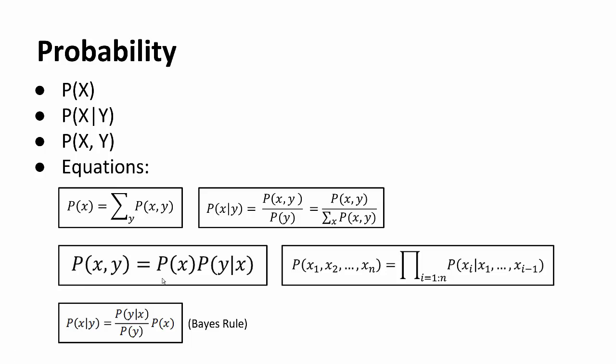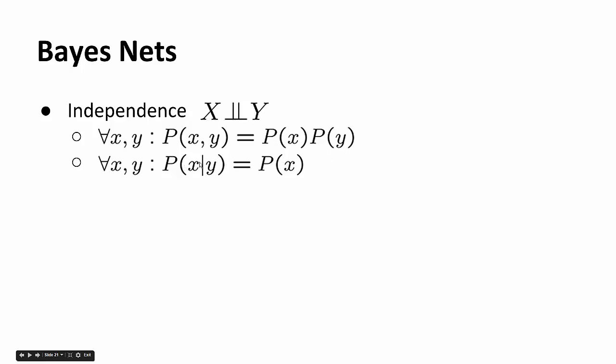Well, basically when we have independence, we can simplify this probability of y given x term, or x given y term, into just the probability of x. Okay, so independence basically lets us simplify our probability table by rewriting the probability of x given y as just the probability of x. Basically what independence says is that the distribution of x is not affected by the random variable y. Okay, so the probability of x given y is just going to be the same thing as the probability of x.